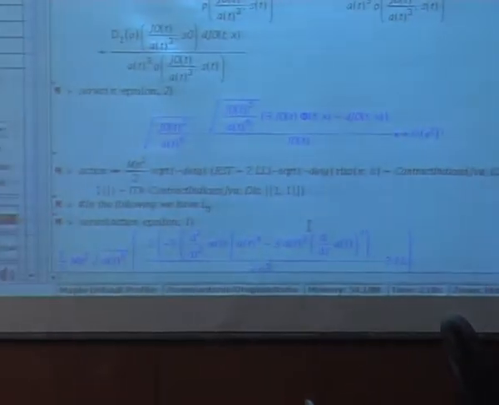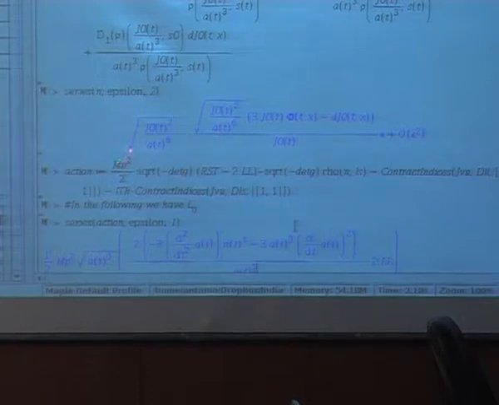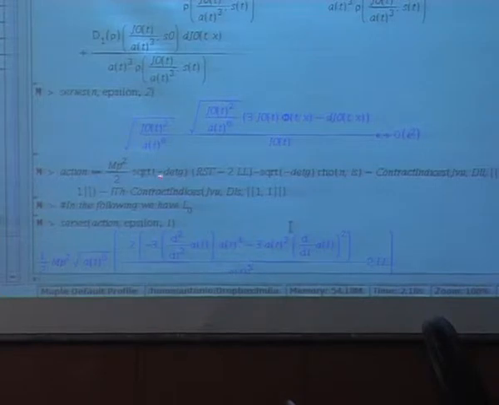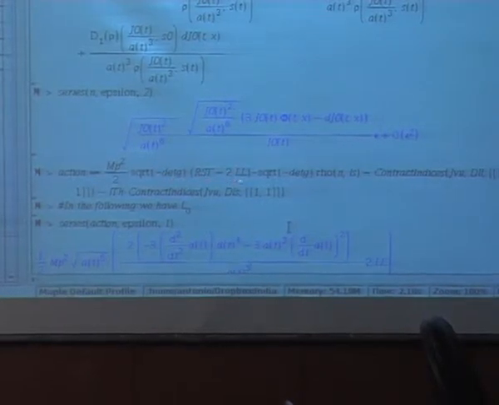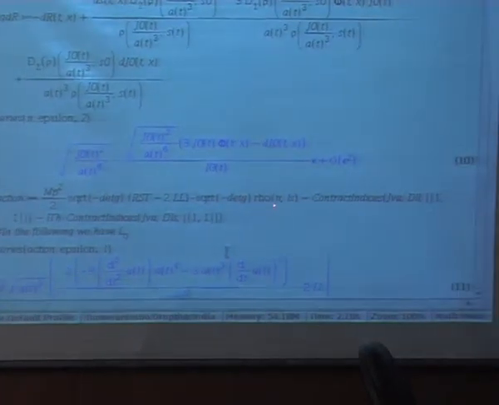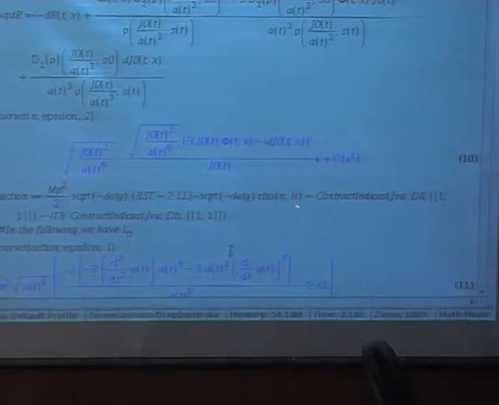So I have general relativity: M Planck squared divided by 2 times the square root of minus g, Ricci scalar minus 2 cosmological constant, minus the square root of minus g times rho, which is a function of n and L, and S. This is the S variable.